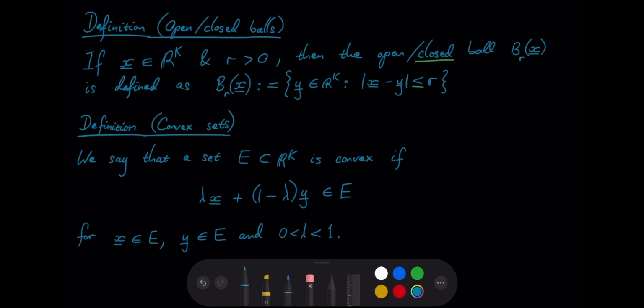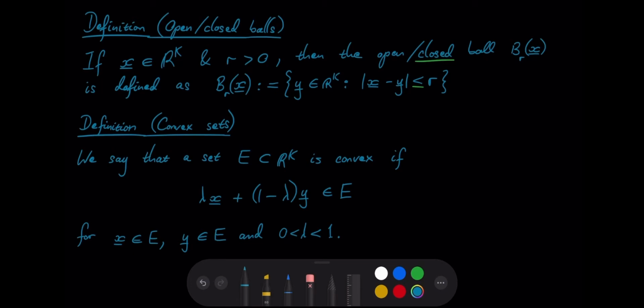We define an open ball in R^k about a given point x in R^k and of some radius r greater than 0 as being the set of points y in R^k for which the distance between x and y is less than r. And for closed balls we similarly define it, except that that distance may be less than or equal to r.